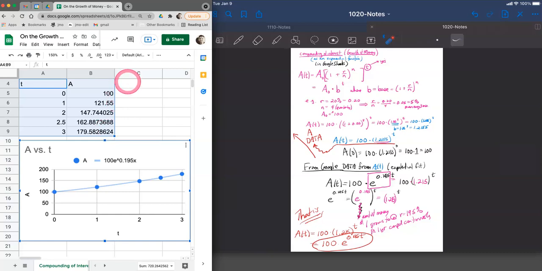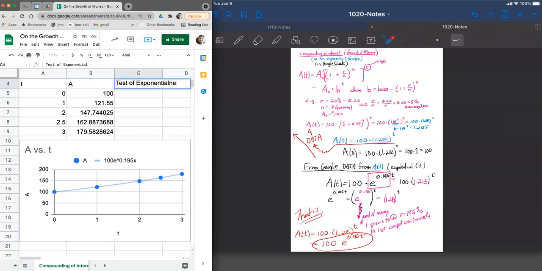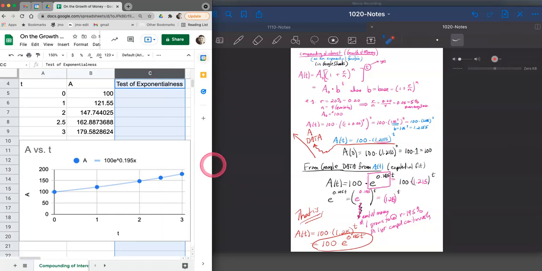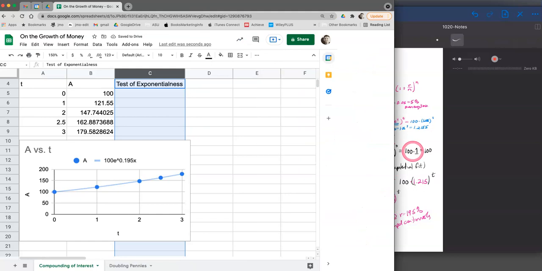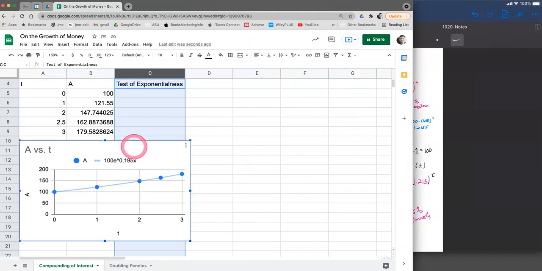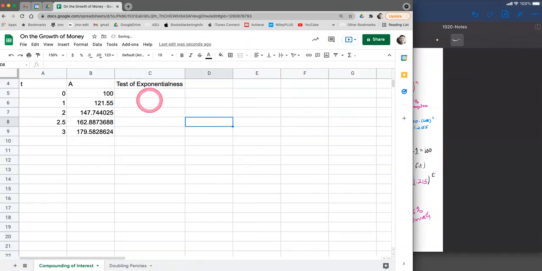What we want to do now is to develop a quick test. There's a test for what I'll call exponentialness. How do you know that the data we're looking at is actually exponential, without going through the formulas and having Google tell you that there is a function that goes exactly through all the data that looks exponential?